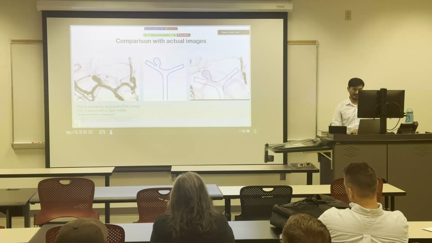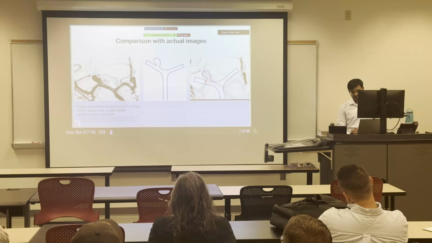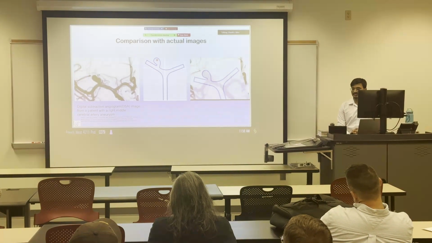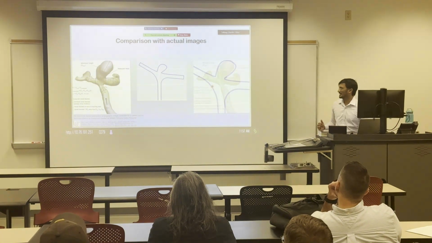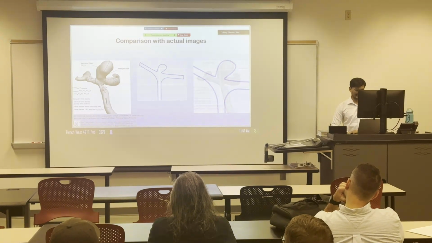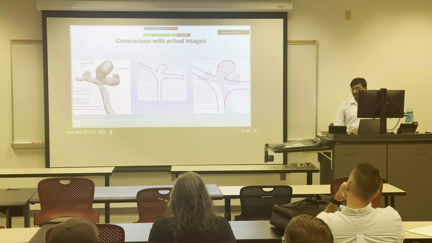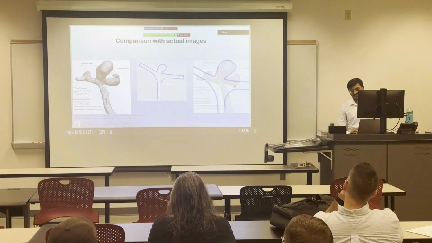This is located a bit away from the bifurcation, but still we can have the aneurysm shape replicated in our domain. Once again, we have a wide neck aneurysm. It's a good match. And then this is a patient specific model that they have created. But still, we can extract out all the details of all the parameters of this aneurysm, and you can see it still resembles the aneurysm shape very well.